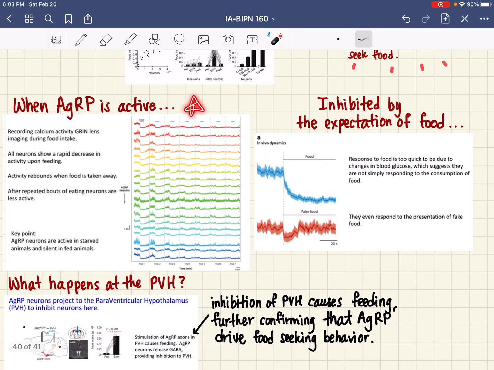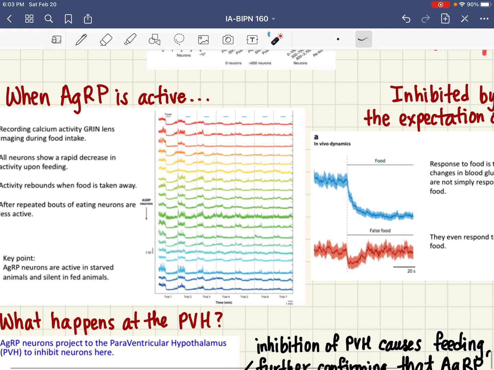This study over here showed us exactly when AGRP is active. Is it active when the mouse is starved, or is it active when the mouse is fed? And so, long story short, they figured out that the AGRP is active right up until food is given. So when the mouse starts eating, AGRP calms down. It's inhibited. And then when food is taken away, the mouse is hungry again.